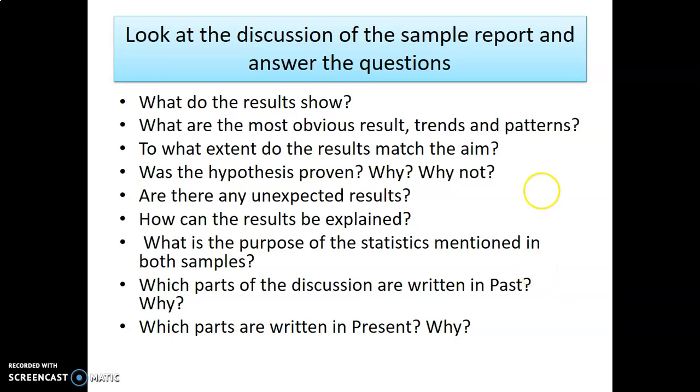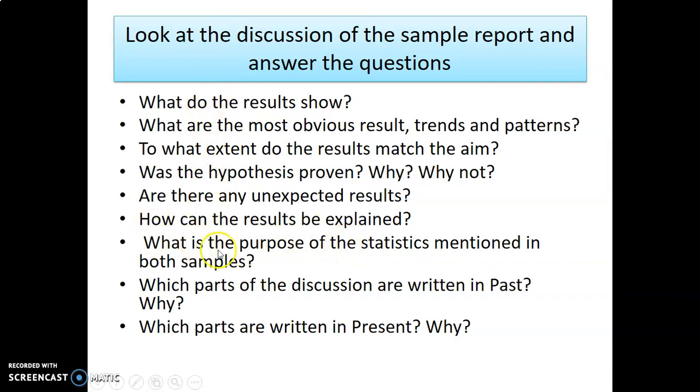All right, well, I think the first 1, 2, 3, 4, 5 and 6 questions, it's just easy to see the answers for if you read the discussion and you underline the answers. Okay, I hope you've done that and you have found the answers.